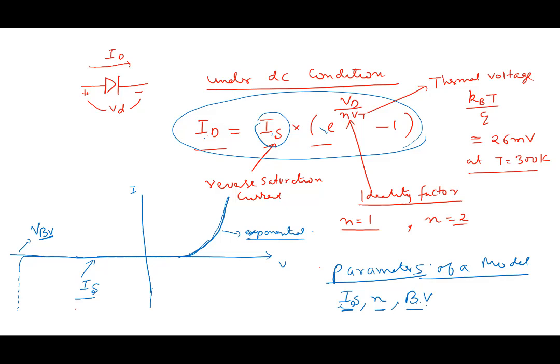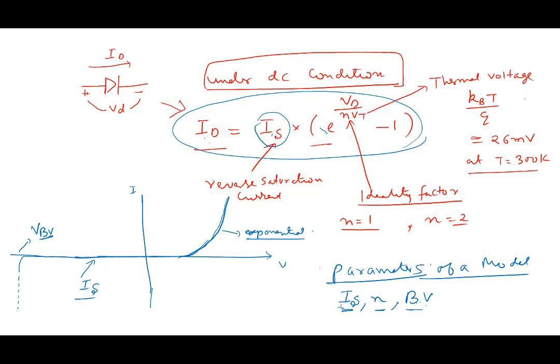So as far as DC is concerned, when you have DC voltage and currents, this is a simple model to remember: the diode has an exponential characteristic. The current flowing through the diode is Is e to the power Vd by nVt minus 1.